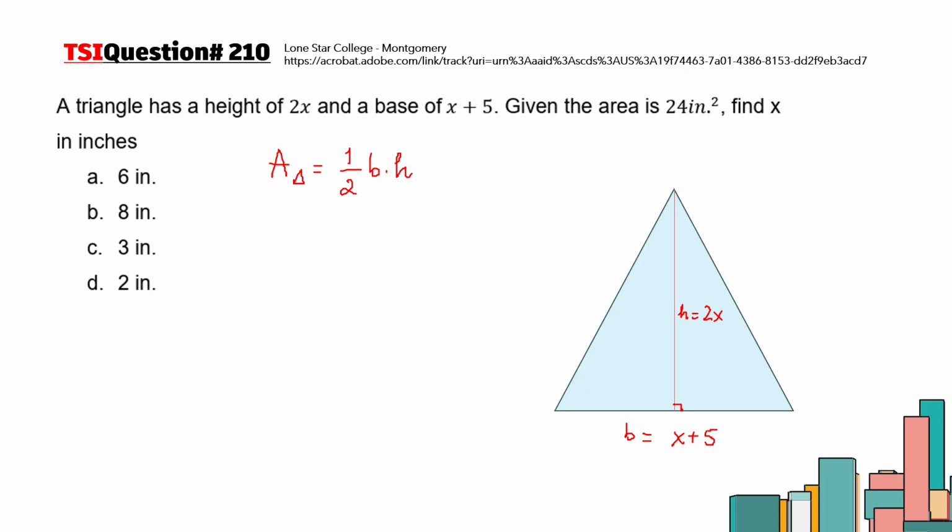Now the given: the height is 2x, the base is x plus 5, the shape is a triangle, and the area is 24 square inches, and they are asking for x.